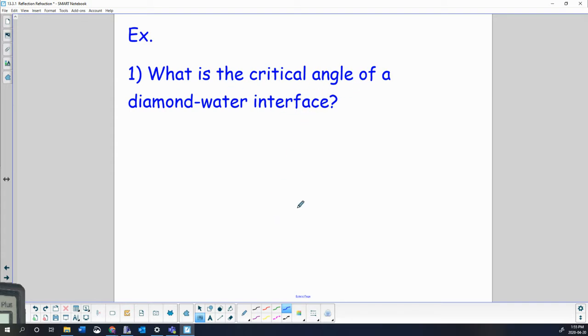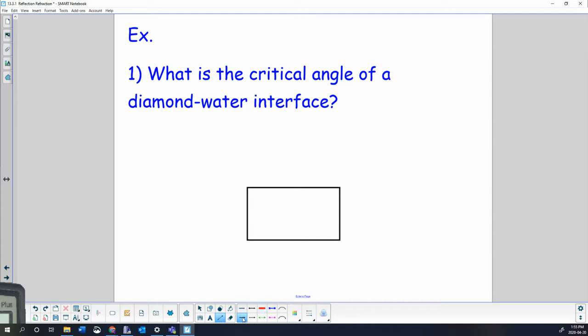The question is, what is the critical angle of a diamond-water interface? In other words, if we have a boundary between diamond and water, so let's say, for example, you dropped your favorite diamond into the water. We'll make it a nice little cube here.